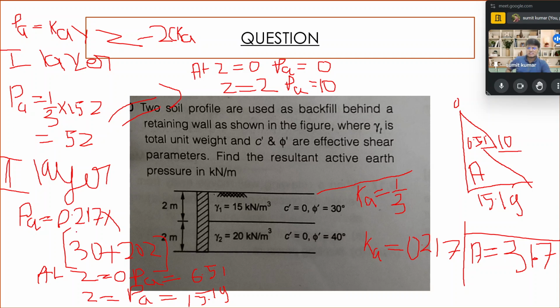After that, when we go into the second layer, it is K 0.217 into 30 plus 20Z. At Z equal to 0, we get the value as 6.51, which we have plotted over here. And at Z equal to 2, the value is 15.19. When we plot this and find the area of this section, we get the area as 31.7, and that is going to be our answer. Right?